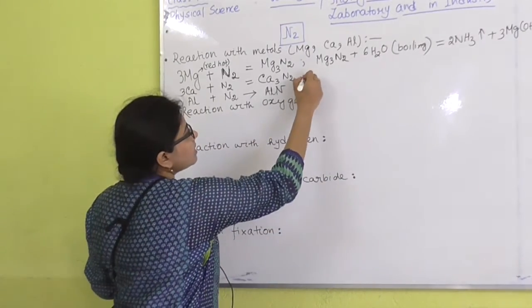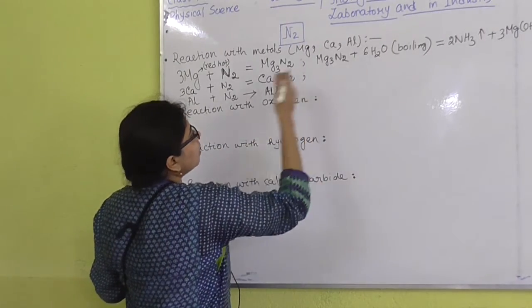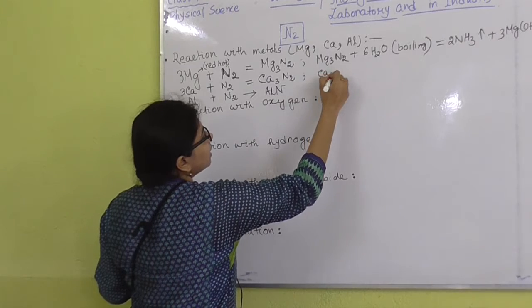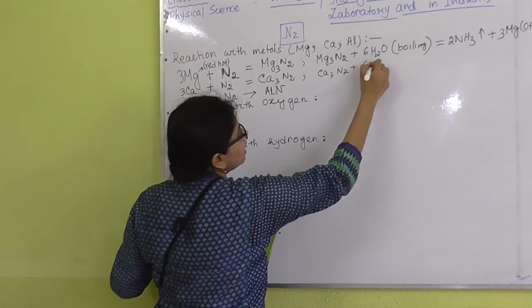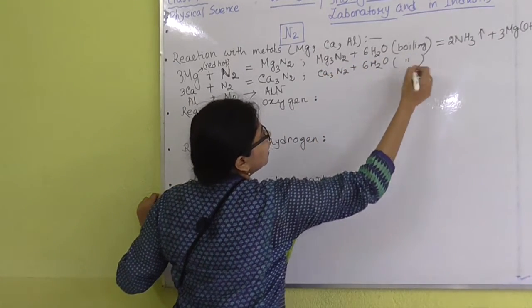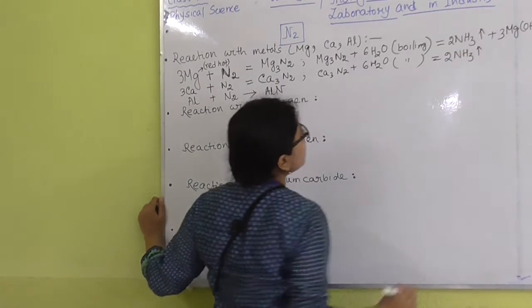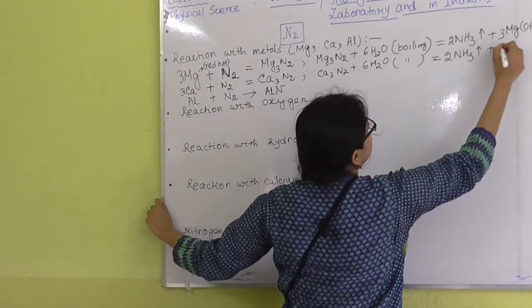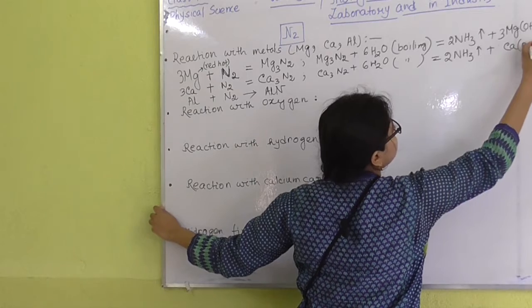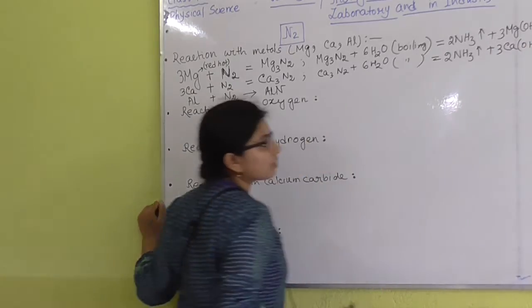In the next case, if you add calcium nitride to boiling water, you will get the same thing, that is ammonia gas, and calcium hydroxide will be produced.